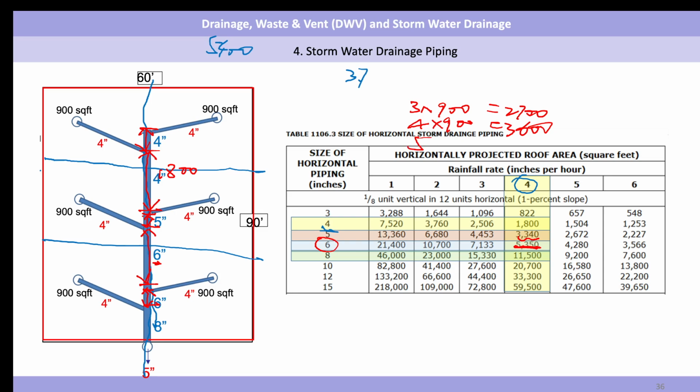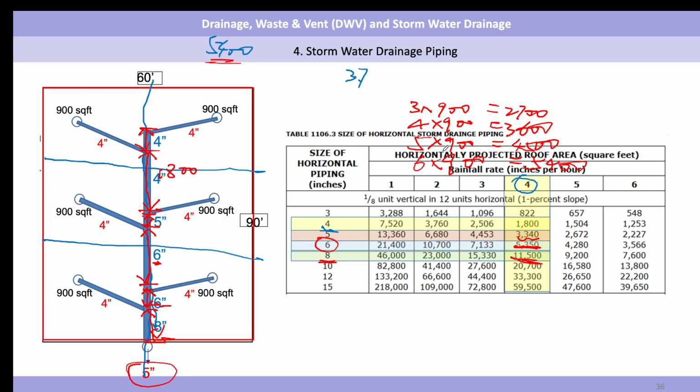Okay, 5. 6. And how about this one? 1, 2, 3, 4, 5, 6. Okay, same total. Which one? This one, 8. And the vertical leader, 5.